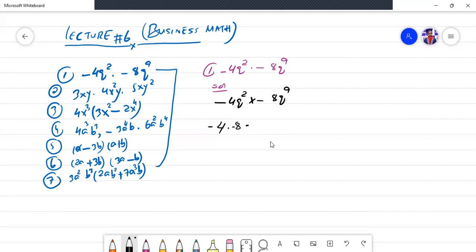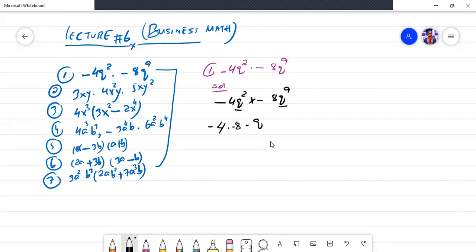So if you observe here, q is the letter that is the same in the whole equation. It is available in the first term, and it is also present in the second term. So what should we do here? We will take the letter q as a common base, then we will add the powers, add the exponents.